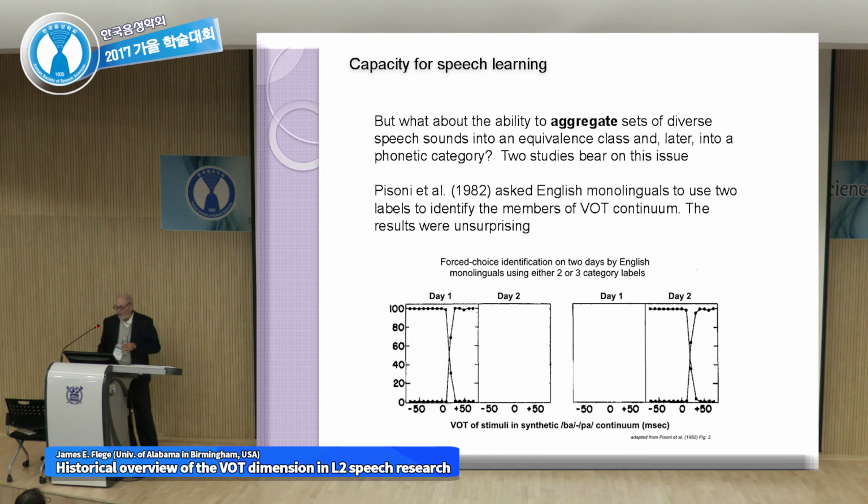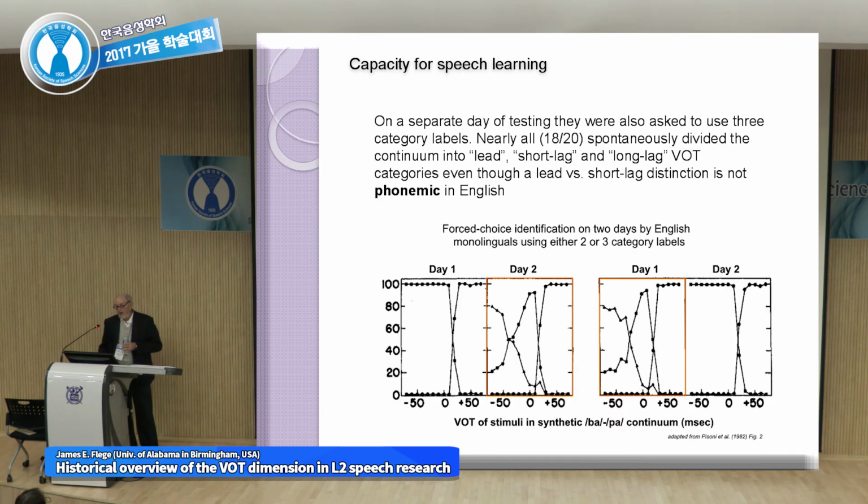The results were quite unsurprising. On a separate day of testing, the students were also asked to use three category labels. Nearly all of them spontaneously divided the category into lead, short lag, and long lag VOT categories, even though a lead versus short lag distinction is not phonemic in English.